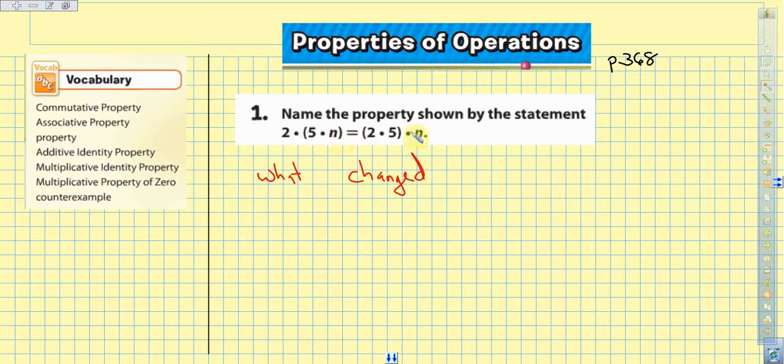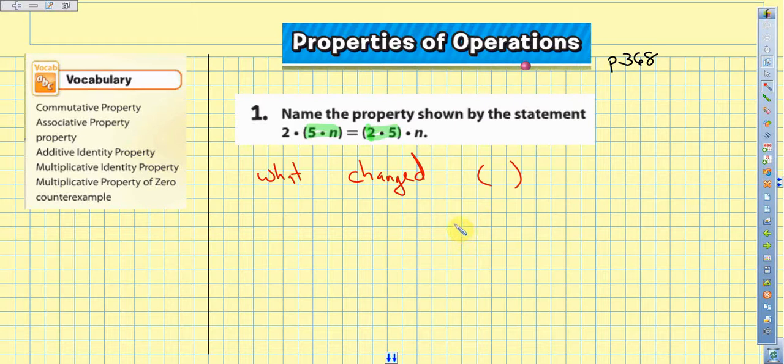I look at this and I see, okay, it's all multiplication, and I see that there's parentheses, but just because I have parentheses doesn't mean anything, and I look at the numbers inside the parentheses and I see that the parentheses changed around those numbers. 25n, 25n, I moved the parentheses from one side to the other, and that's what changed, was the parentheses.